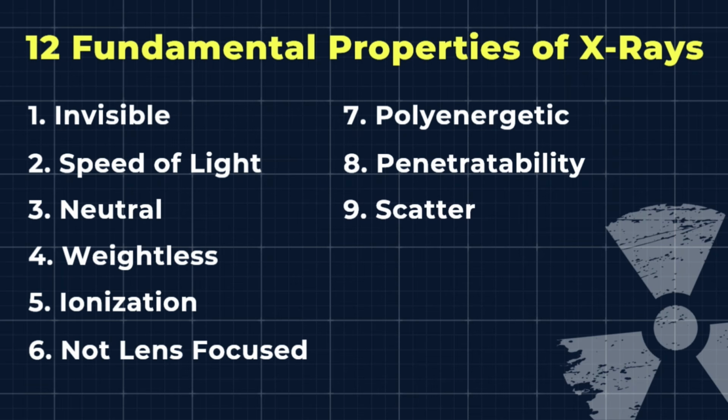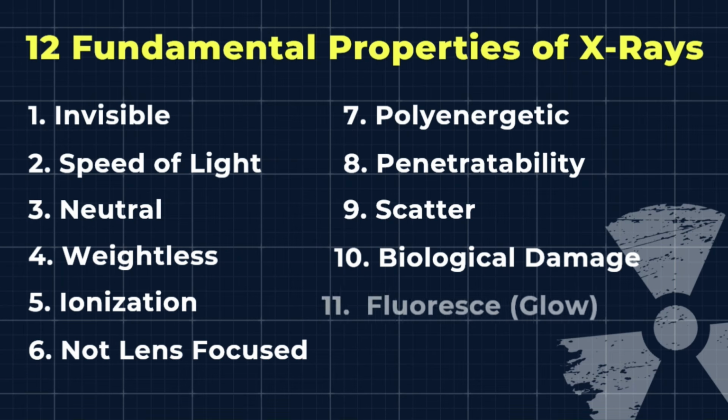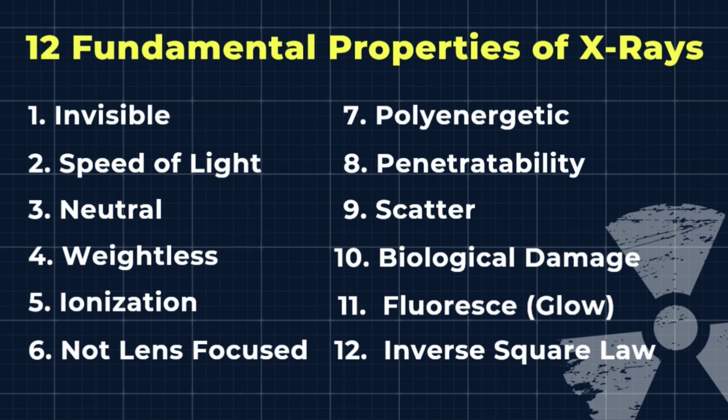Ninth, they can produce secondary and scatter radiation. 10th, they can cause biological change to the parts of the human body they interact with. 11th, they can cause certain substances to fluoresce or glow. And lastly, number 12, they follow the inverse square law, which helps us reduce the amount of radiation exposure to ourselves.